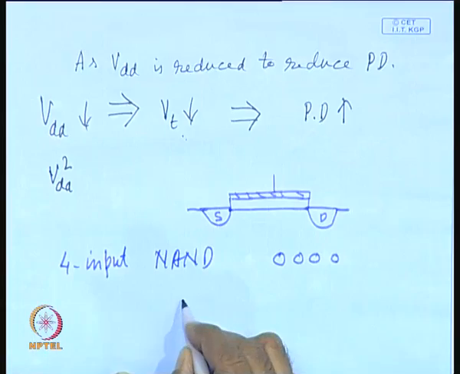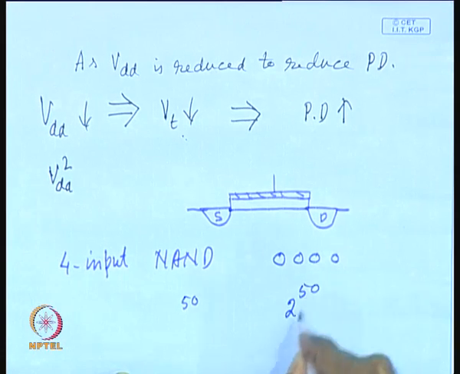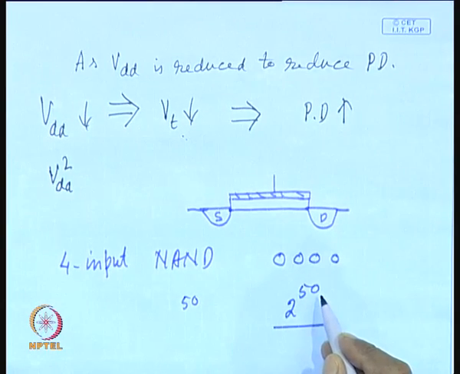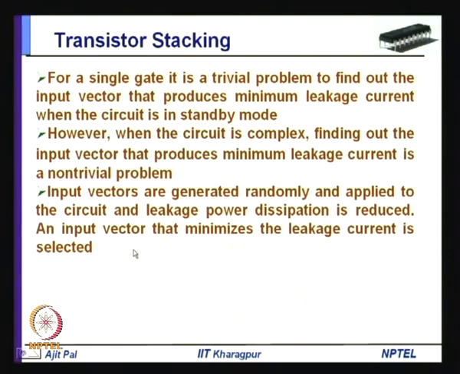What do you mean by NP complete problem? That means you have to apply all possible input combinations to find out which one gives minimum leakage current. And if the number of inputs is say 50, you have to apply 2 to the power 50 input combinations. That may take a very large time. So, what can be done?